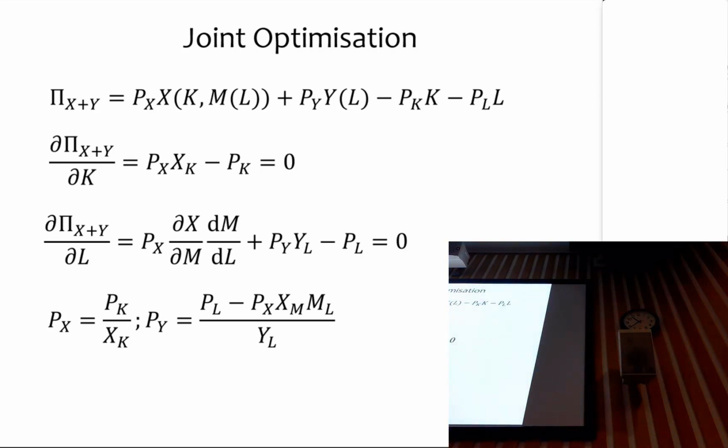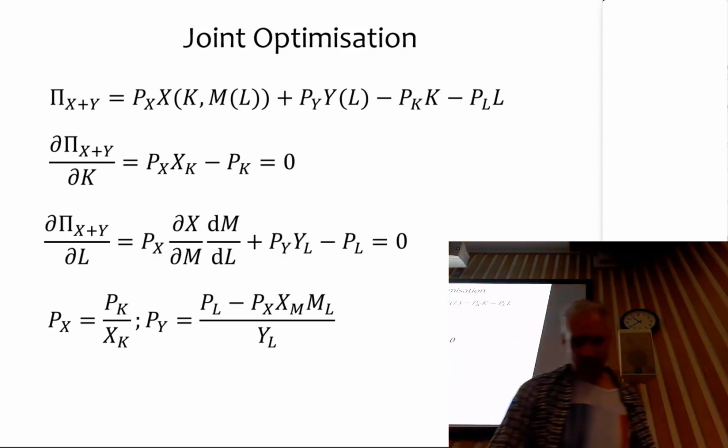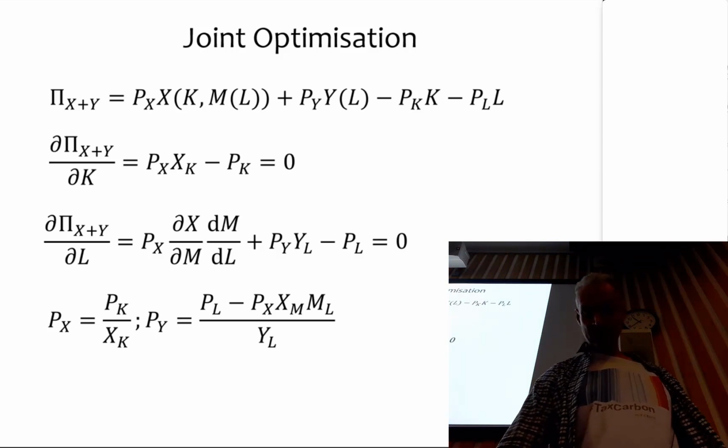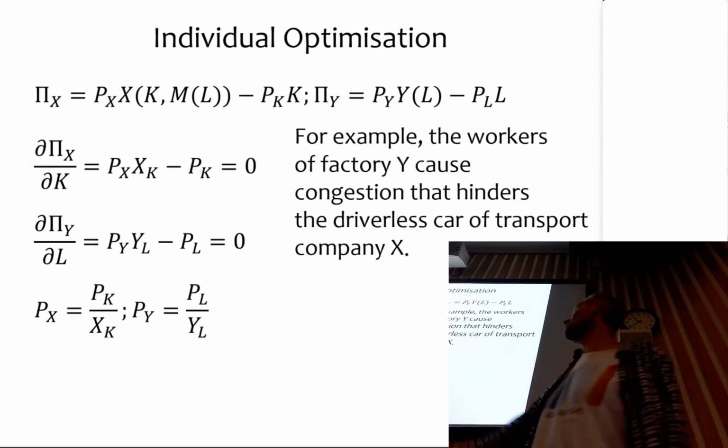However, if we take the joint profits and its first partial derivative with respect to the amount of labor that we use, and recall that it's labor that is causing the problem in this case, we still have this thing here, just as we had before, P_Y Y_L minus P_L. That was there before. It's still there.